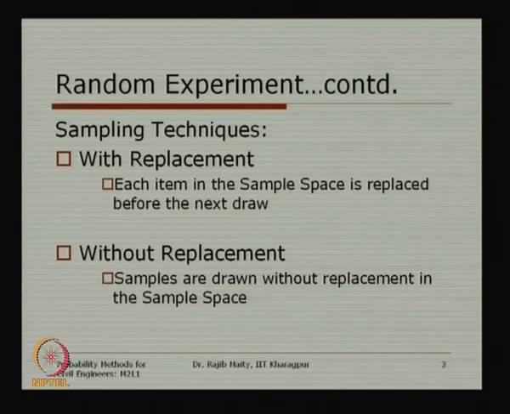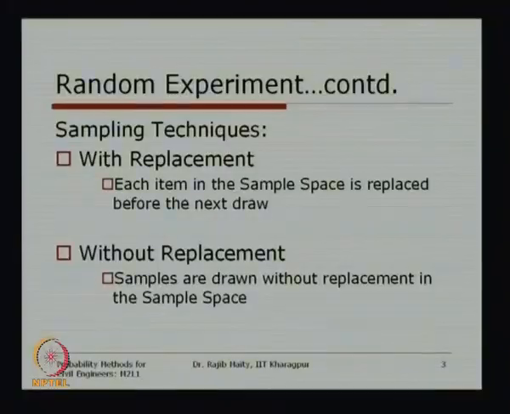Say, for example, in a box there are a few balls of different colors, and I want to take out one ball at random and observe its color. Now if I take out one ball and place it back in the box again and do the next trial after replacing the ball, that is known as with replacement.